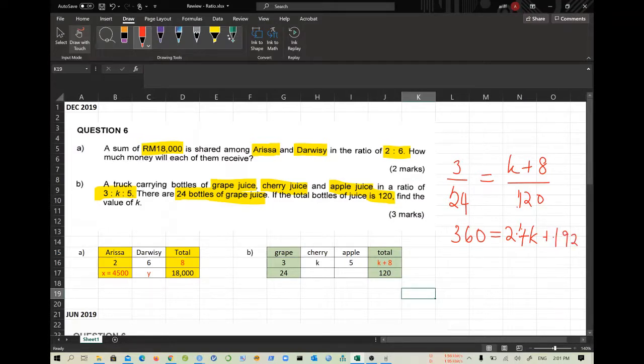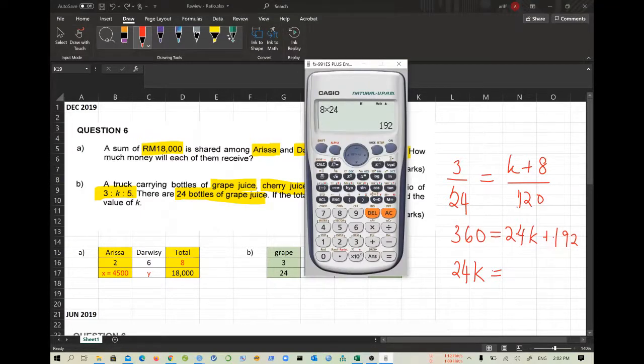So you get 192. Let me erase this one because the 4 here is not very clear. Let me rewrite 4 again. Okay, 24. Now you can solve for k. So in this case you have 24k is equal to 360 minus 192, so you get 168.